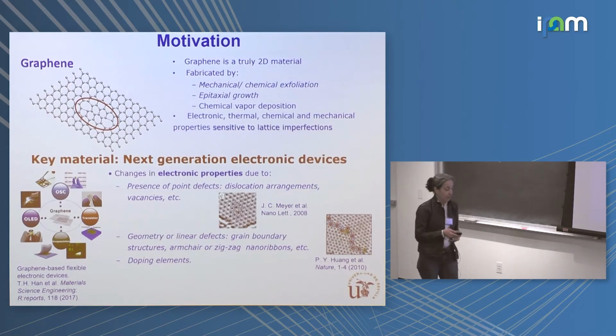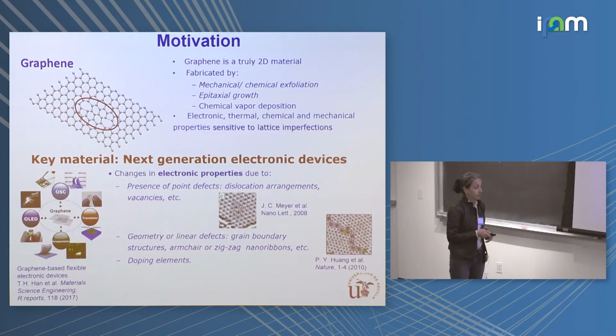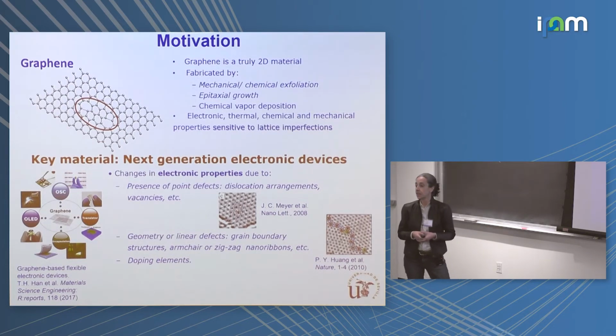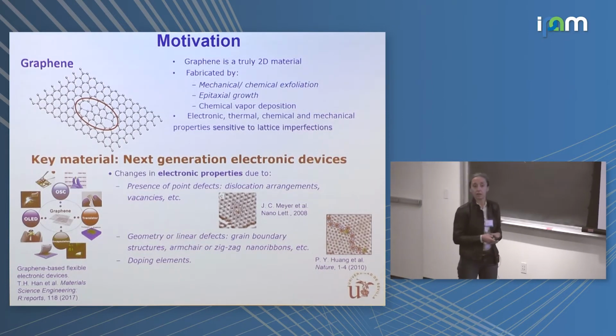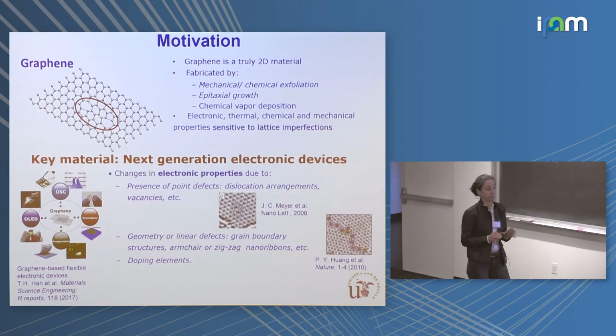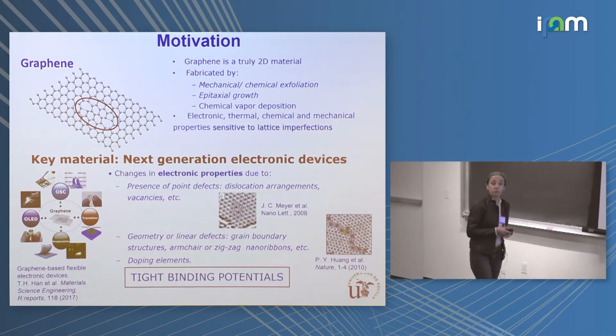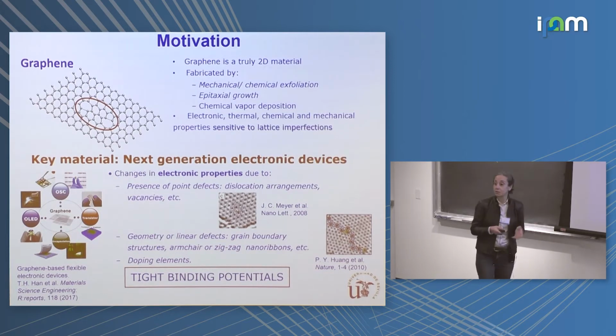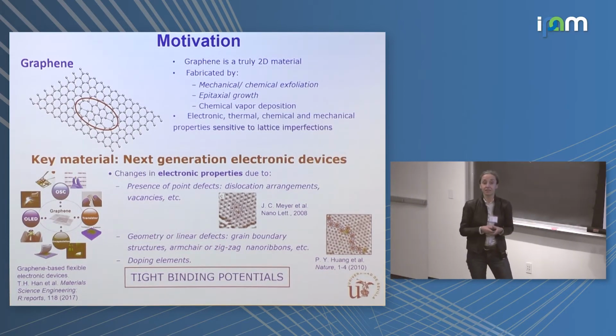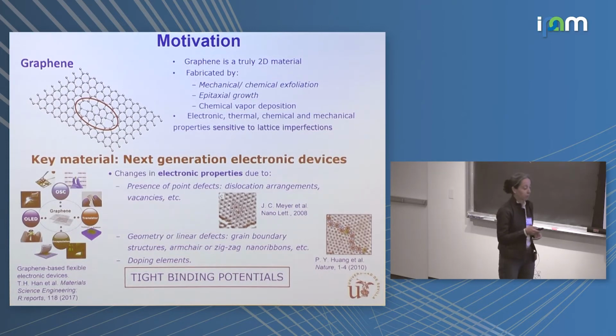Also, if you add some doping elements, you are going to change the electronic properties, but we are not working on that, because for that you will need special interatomic potentials, and you have to rely on the quality of those interatomic potentials. So it's something that we haven't done so far. In order to study the electronic properties, you need tight-binding potentials. This is the second day, so this has been mentioned already in the room.